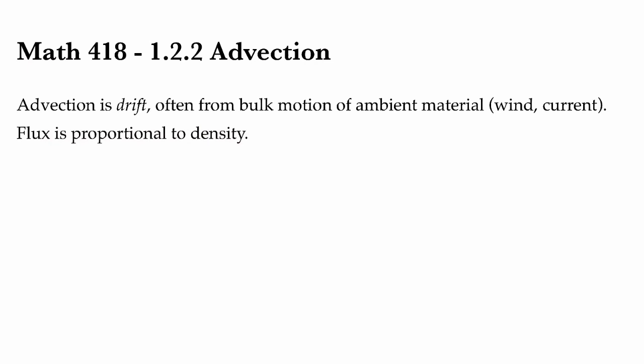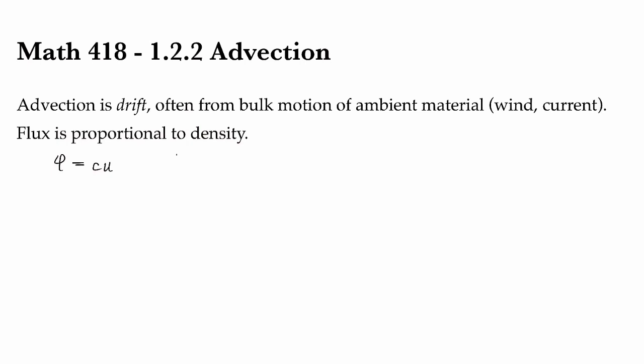So the idea for advection is that flux is proportional to density. That means flux is equal to some constant times the density of the thing that we're interested in.